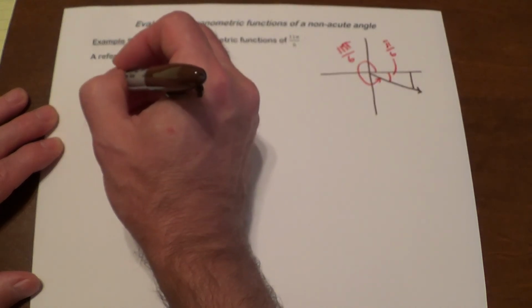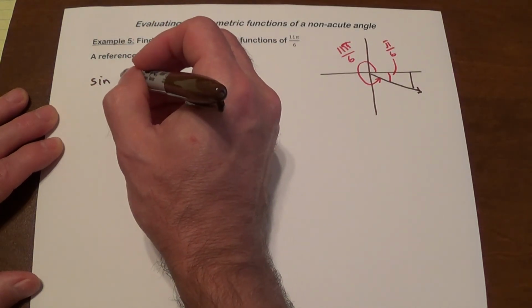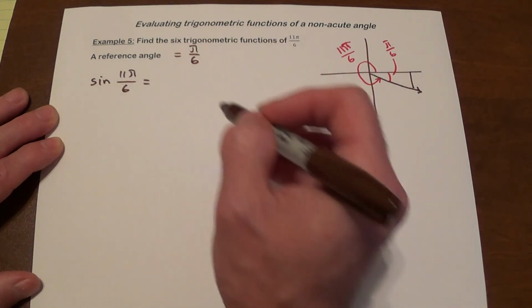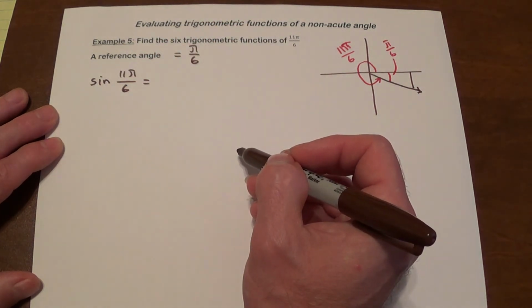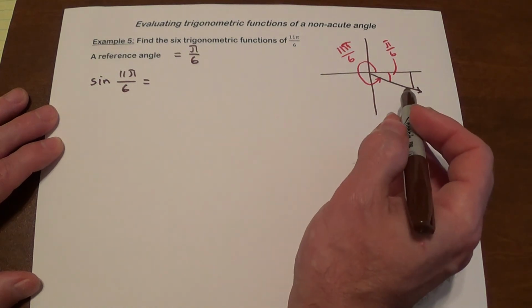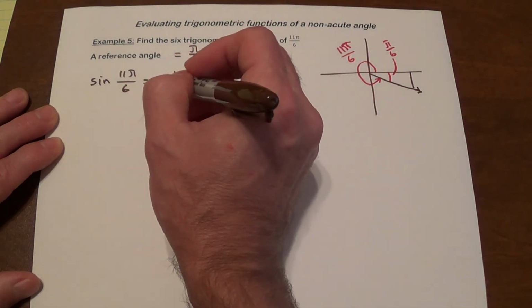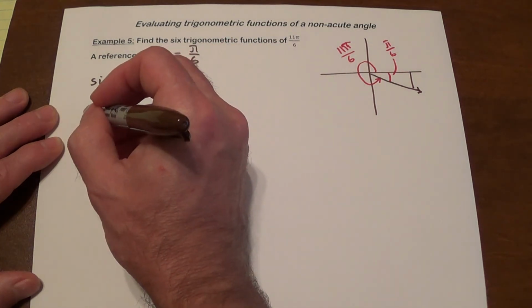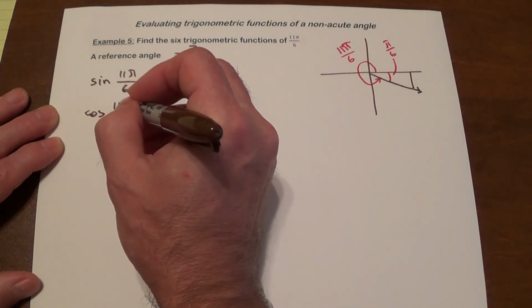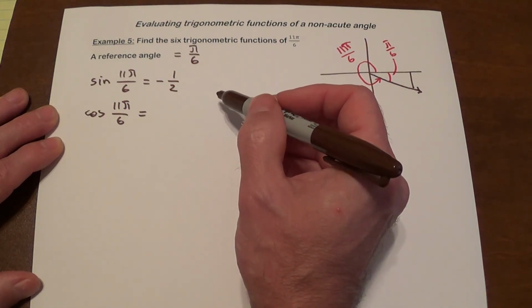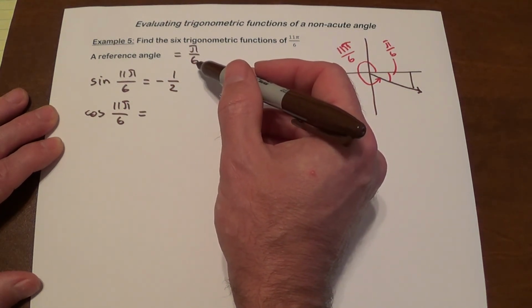So what do we know about sine of this? So sine 11 pi over 6. So sine of pi over 6 is going to be 1/2, but we are in quadrant 4 where sine is negative, so it's going to be negative 1/2. Cosine of 11 pi over 6 is going to be related to cosine of pi over 6, which is square root of 3 over 2.